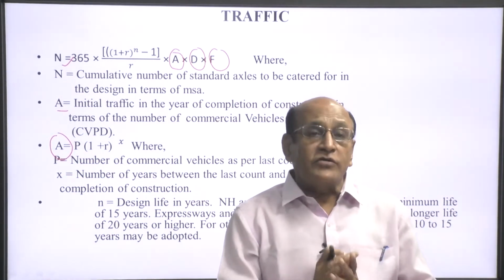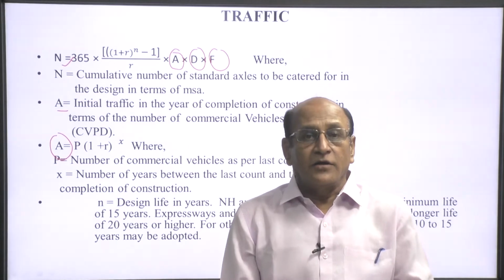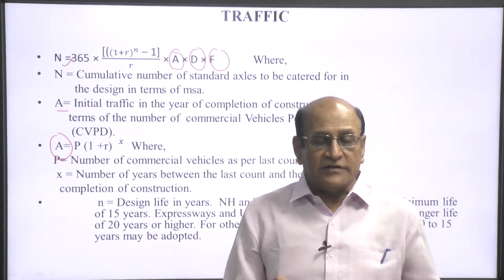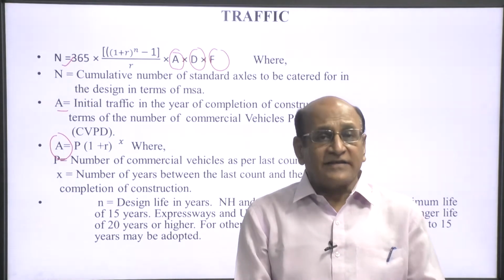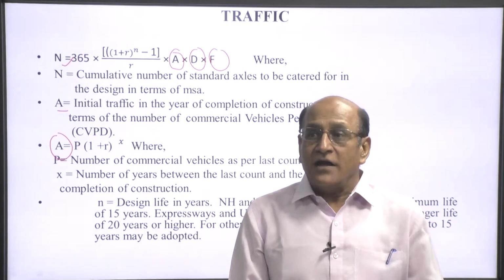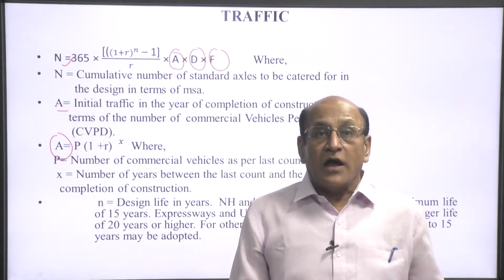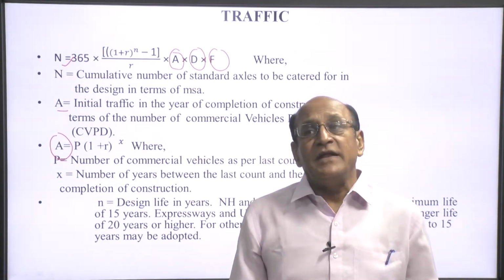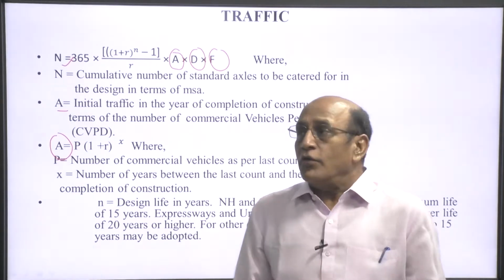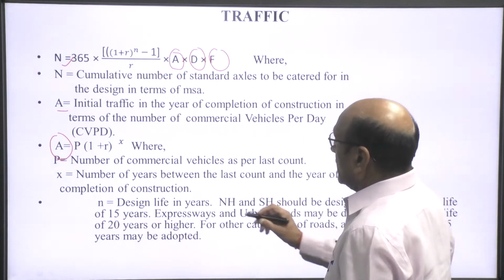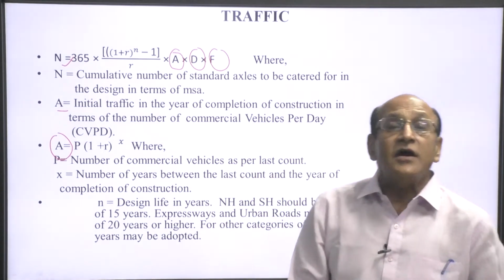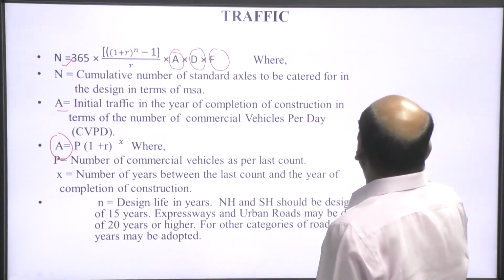Suppose the last count of traffic has been done. Suppose we are preparing a project this time and the last count was done 2 years back, and suppose the project will be completed in 3 years. So, from last count to the year of completion, that will be 5 years.